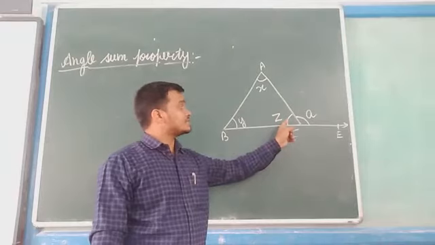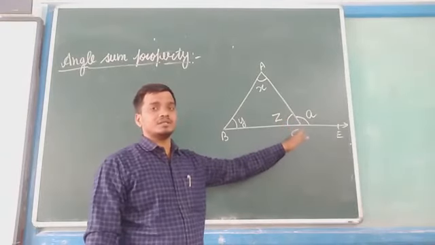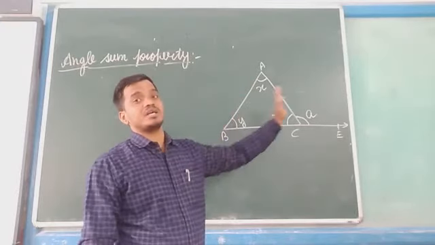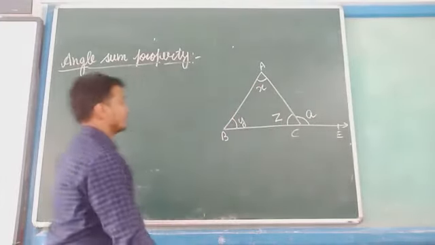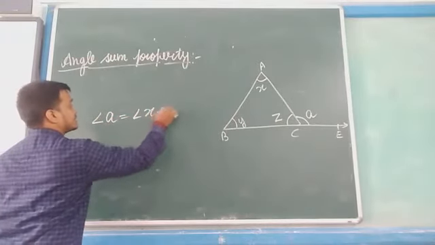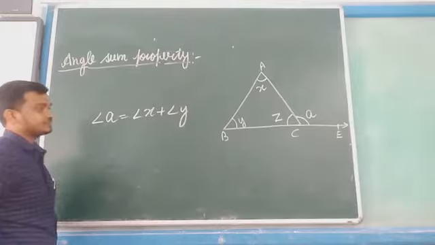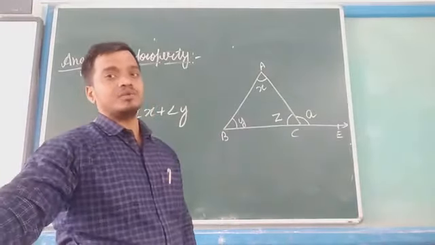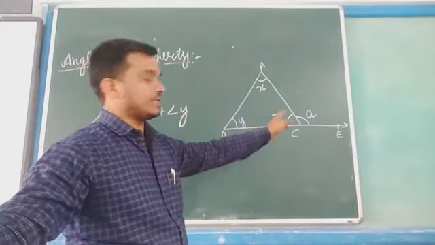Whatever angle is adjacent to it, you leave that. The rest two angles' addition will be equal to the exterior angle of the triangle. Means angle A will be equal to angle X plus angle Y.